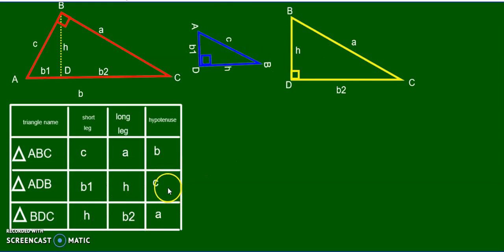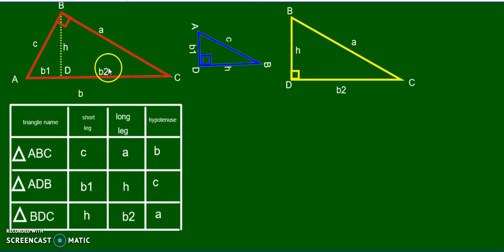Or I can say B1 over H equals H over B2. I can do it with these ones too. So C over B1 equals A over H.